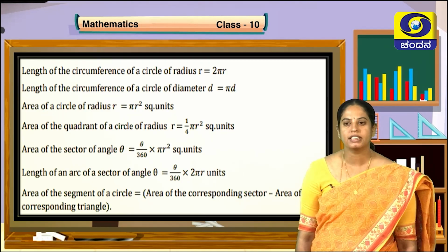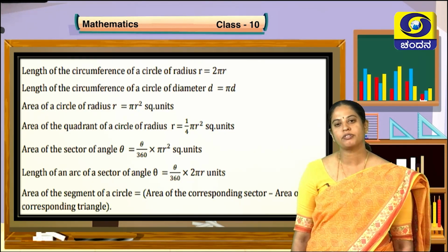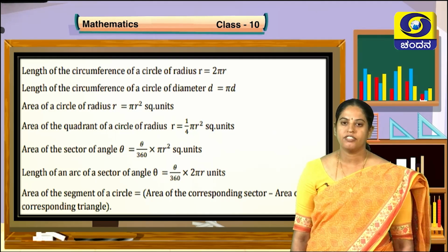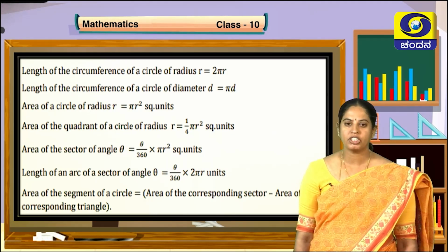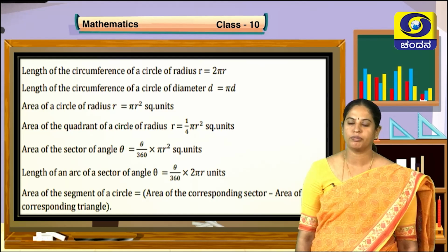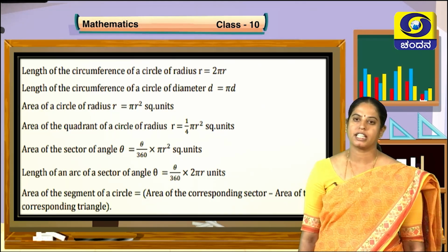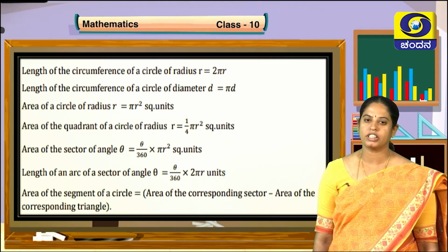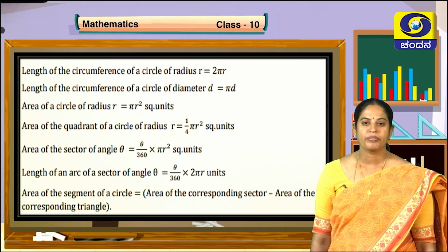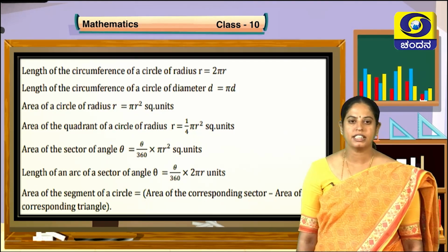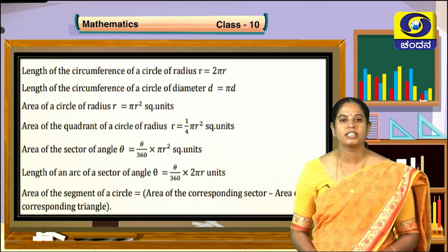You know, pi is the constant. Sometimes we take it as 22/7. If they mention to take the value of pi as 3.14, we take it as 3.14, otherwise 22/7. And if we know the radius, we can easily find the area of the circle.